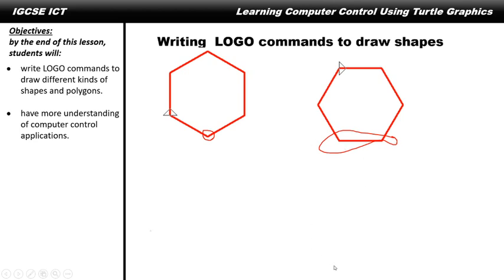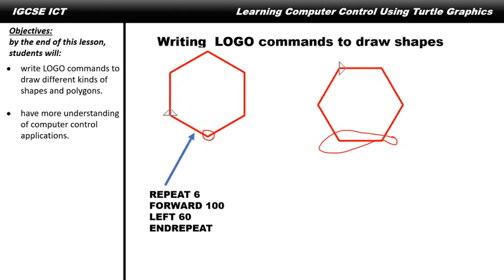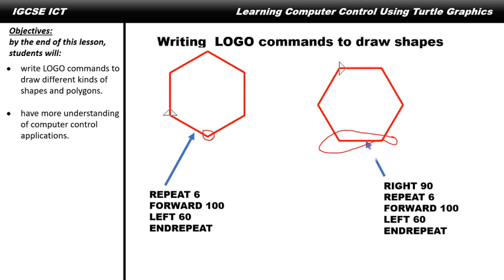If you look at the commands, they are not exactly the same. For this one I just went straight to type repeat 6, forward 100, left 60. While for this one, I have to first change the direction the turtle is facing, by using right 90, then repeat 6, forward 100, left 60.